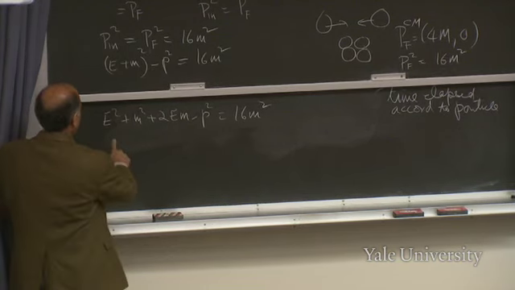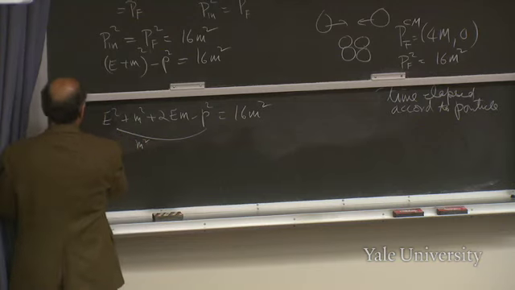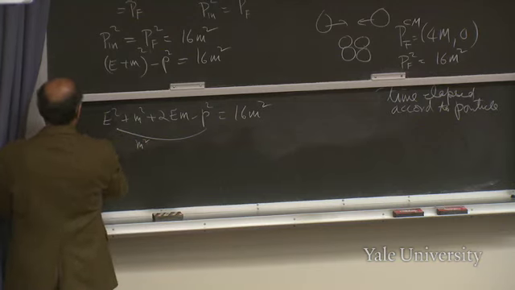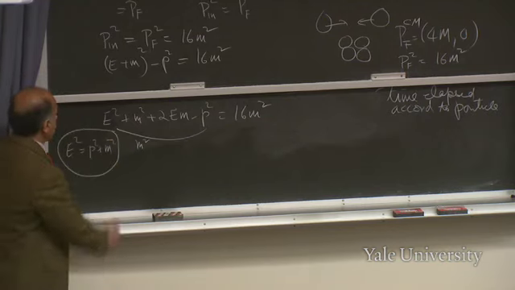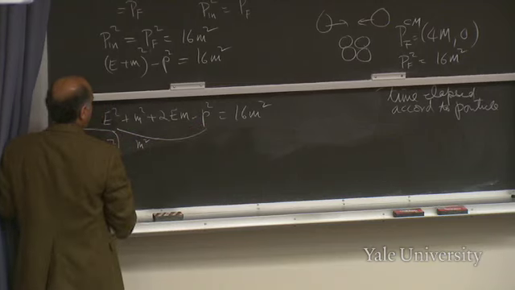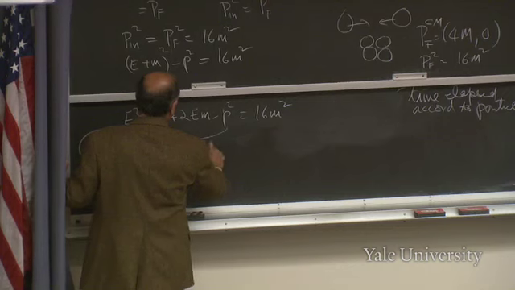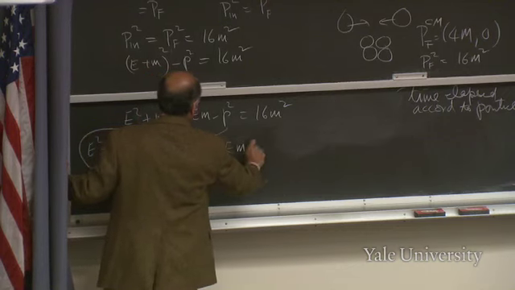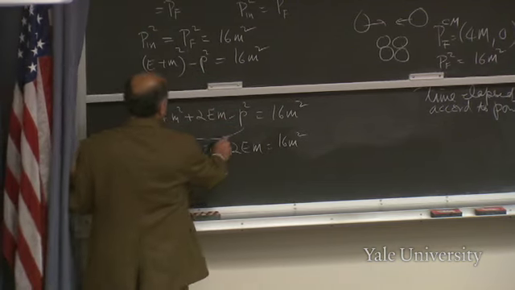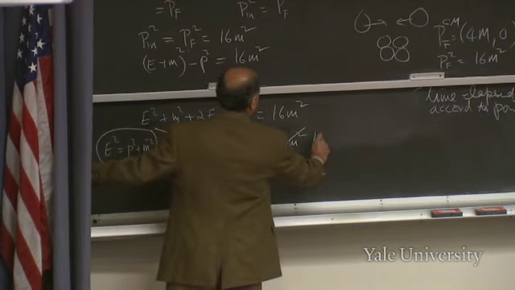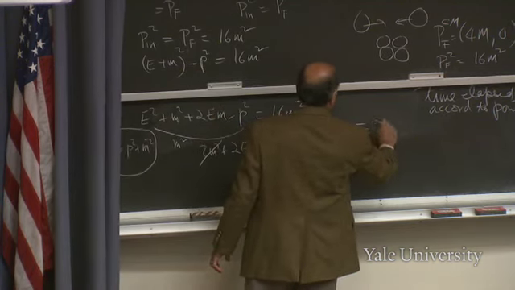But you must know that E squared minus P squared is m squared. I'm saying E squared equals P squared plus m squared if you banish all factors of c squared. So this E squared minus this P squared is an m squared. There's already an m squared here. So I get 2m squared plus 2Em equal to 16m squared. You cancel the 2 and make it 14m squared. And you divide by 2m, you find E equals 7m.